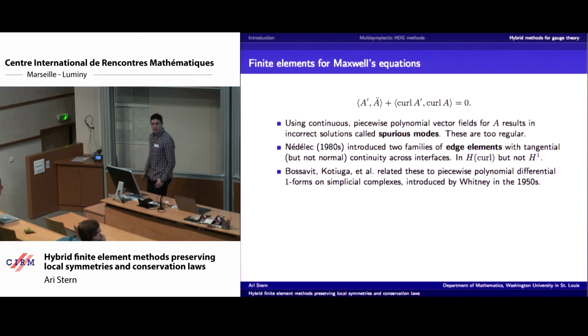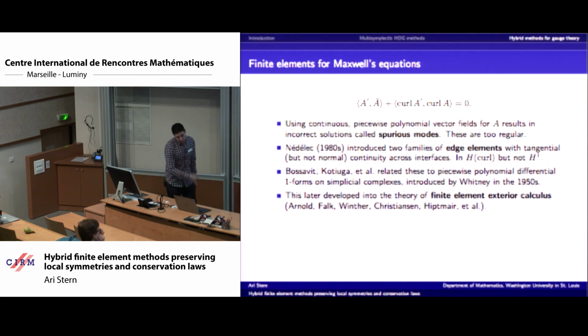All right, so this perspective, later in the 80s and into the 90s by Bossavit and Kotiuga and some others, related these to piecewise polynomial differential one forms, where we can identify one forms with vector fields. And this was connected to some work by Whitney in the 1950s, where he was interpolating from cochains on a simplicial complex to the de Rham complex in order to prove de Rham's theorem.